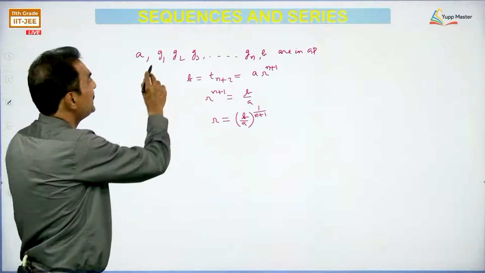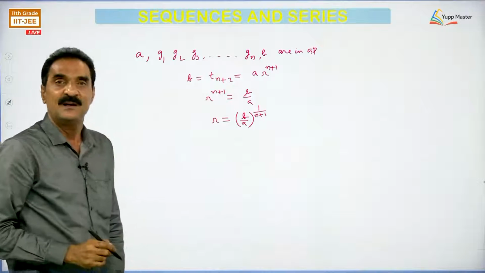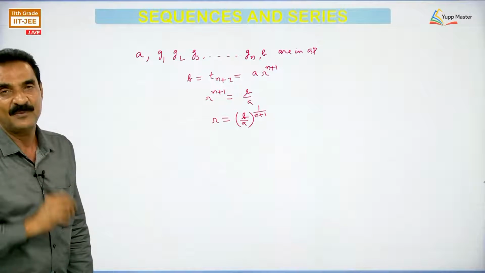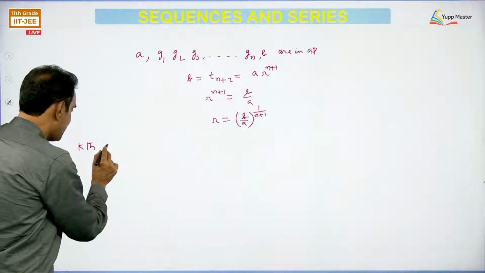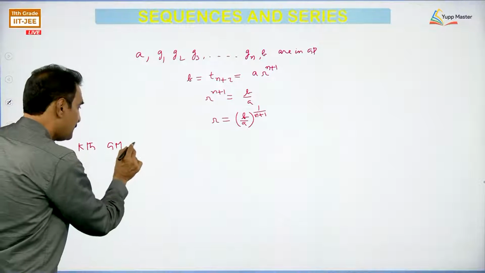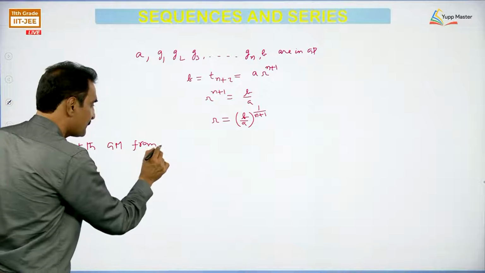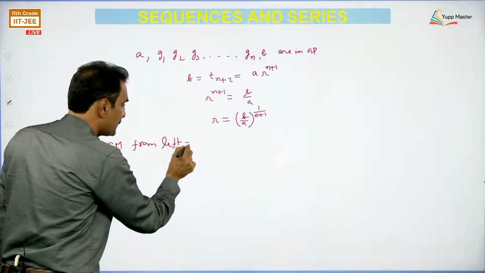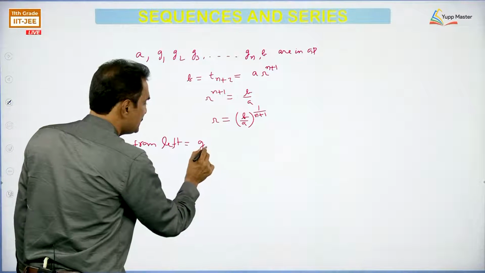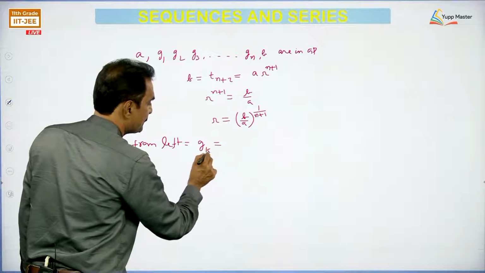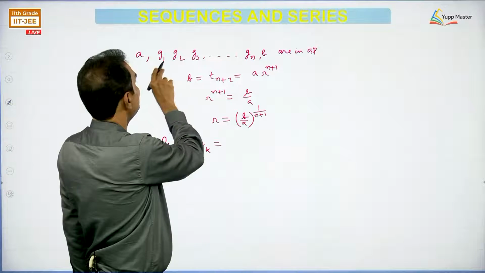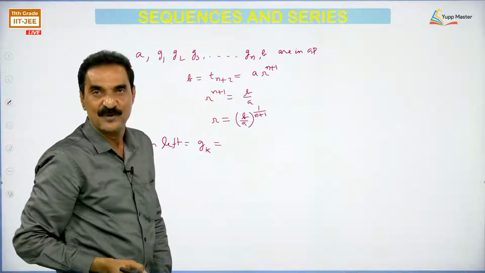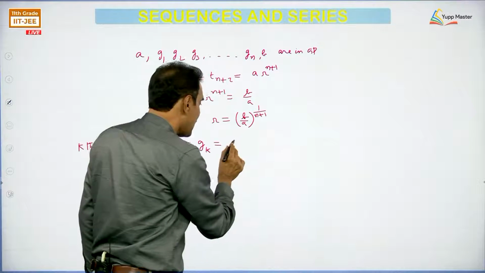Now I want a particular geometric mean, say the kth geometric mean from left. It is Gk. Then G1 is a r, G2 is a r square, G3 is a r cube and so on. So Gk will be a r power k.